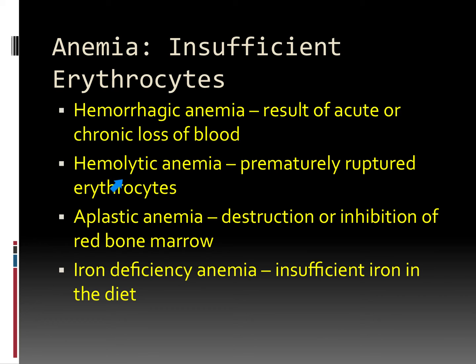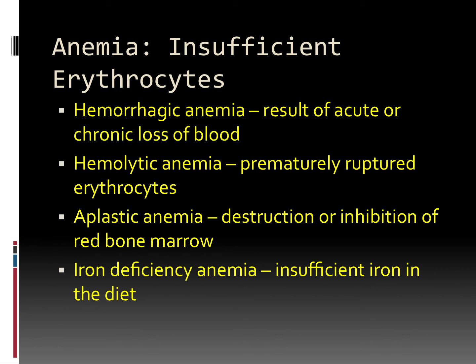Hemolytic anemia, so lytic means breaking. Hemo refers to blood, as you know. So this is when red blood cells are prematurely broken down. We talked about their life cycle and how they live for about 4 months and then get broken down. But if they get broken down too early and too frequently, that can also cause anemia, hemolytic anemia.